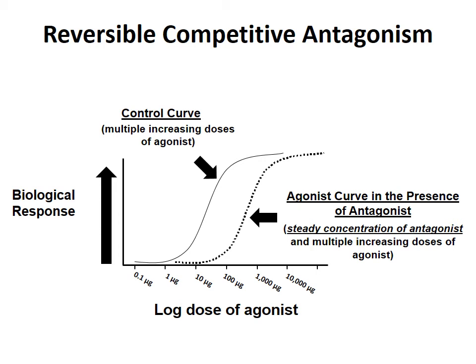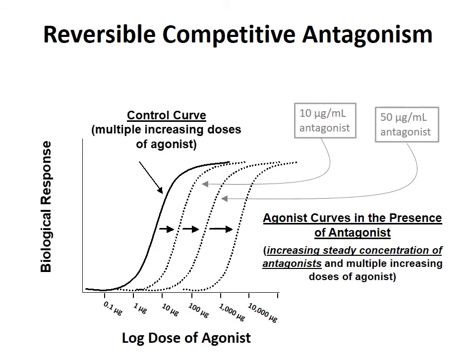If we give enough, we'll get to the top only because it is reversible, and the antagonist will fall off and will be taken over by that agonist at some point. If I continued and did further experiments and gave even more antagonist, say 10 micrograms per milliliter, 50 micrograms per milliliter, in different experiments, the curve will continue to shift to the right.